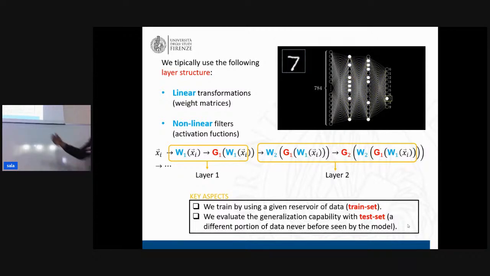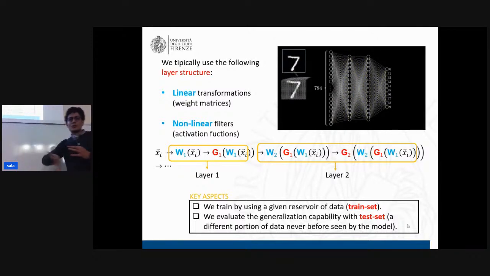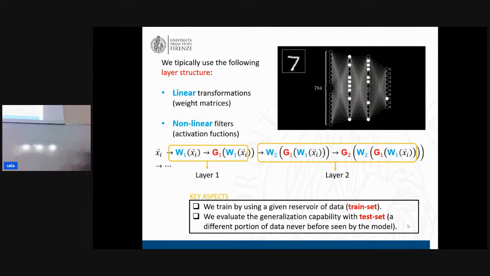So what do we do? We take some data and hide it from the network, and we call that the test set. We use that test set at the end of the training to gauge the capability of the network to generalize to data that it has never seen before, okay?